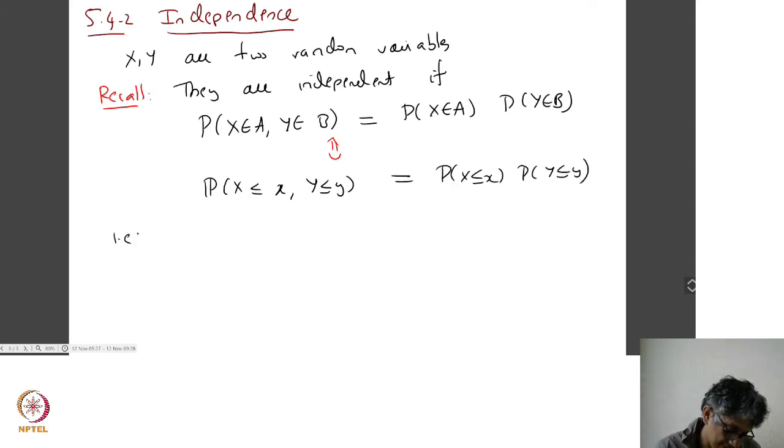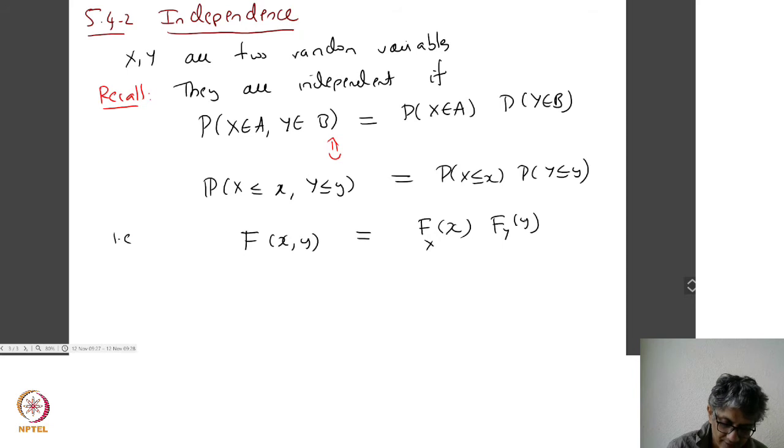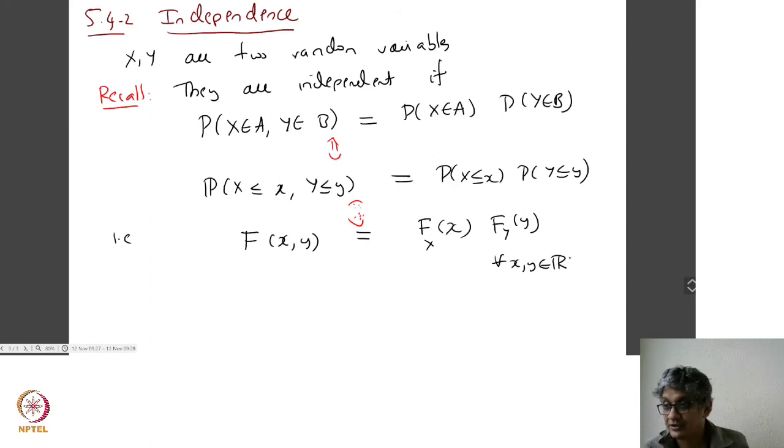But that is the same as saying that the joint distribution function F_XY is the same as the individual ones multiplied together. This is the definition. So if they're independent, this is true for all x and y. If the joint distribution function splits across, then you have independent random variables.